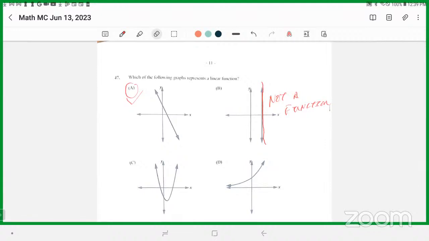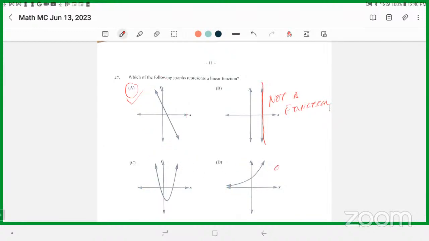Know it by understanding that this one is not a function, but it's a line, it's linear, but it's not a function. This one is a one-to-one function. This one is a many-to-one function. This one also is a one-to-one function. Let me mark them.